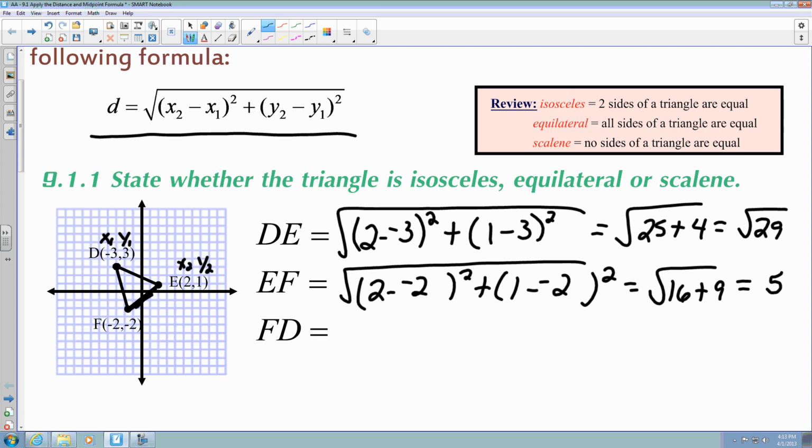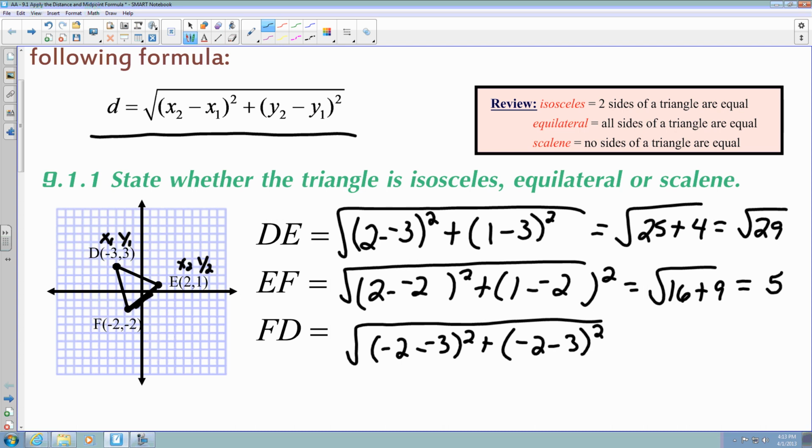So we know for a fact that it's not an equilateral triangle because those two sides are not equal, but we'll have to determine whether it's isosceles or scalene by the distance of FD. So negative 2 minus a negative 3, quantity squared, plus negative 2 minus 3, quantity squared.